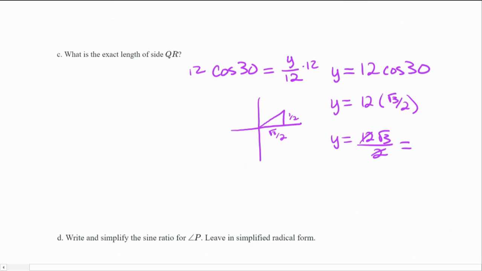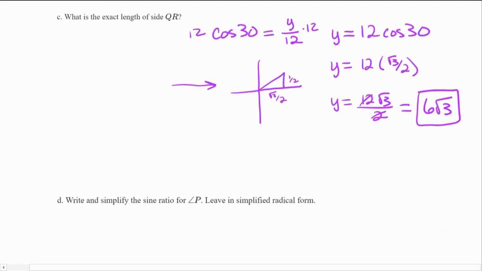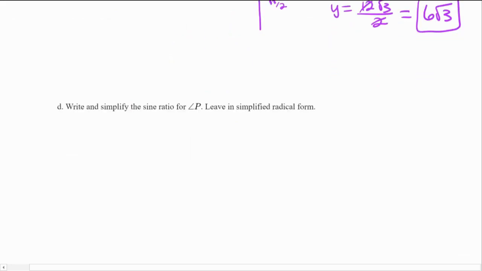I'm going to simplify that to 6 root 3. So that's side QR. Again, we will get lots and lots of practice with the unit circle, but knowing cosine of 30 and sine of 30 is going to be a thing that comes back over and over and over again. Last thing is write and simplify the sine ratio for the angle of P.